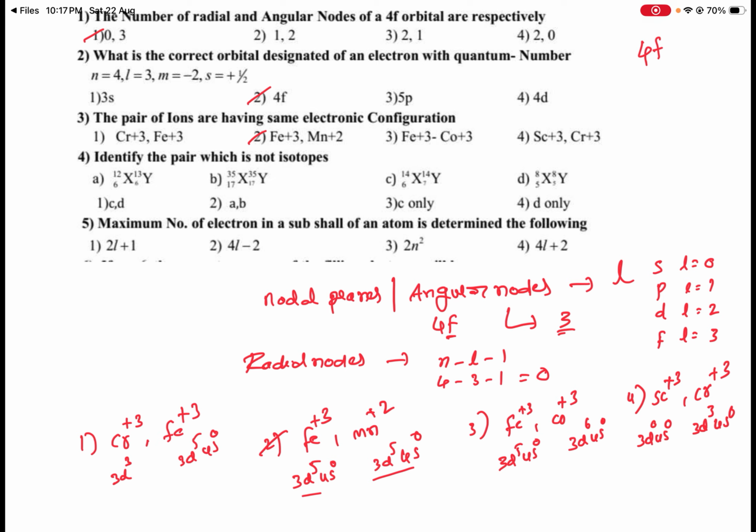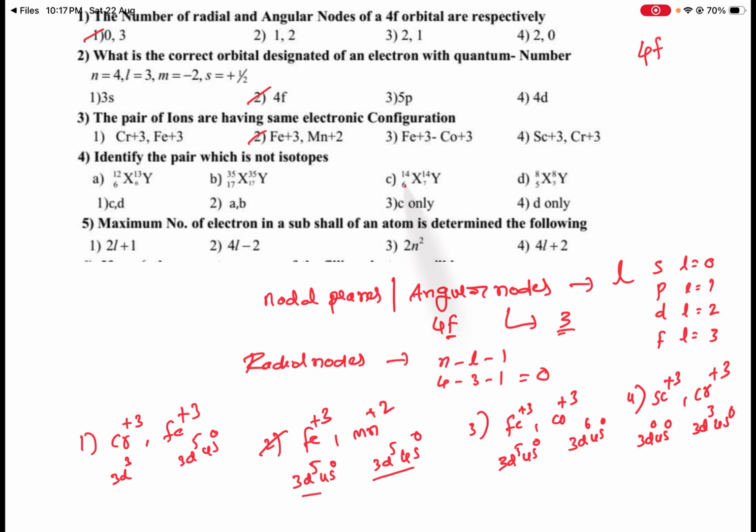Next, fourth one: identify the pair which is not isotopes. Isotopes means having the same atomic number but different mass number. The first option, atomic number is the same but mass number is different, so they are isotopes. Second option, atomic number is the same, so these are also isotopes.